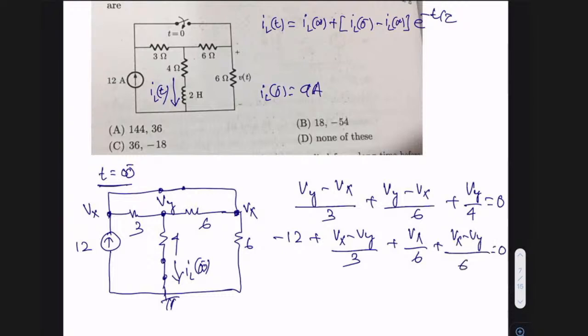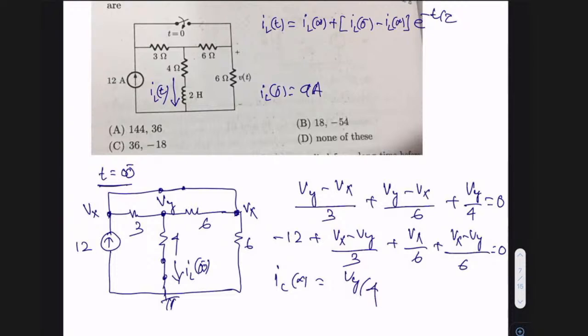How is that happening? Because this is the same node Vx. If I observe the path I have shown, four branches are linked: minus 12, then (Vx minus Vy) by 3, then for this path Vx by 6, and for this path (Vx minus Vy) divided by 6. You can simplify these two equations to get Vx and Vy. Once you get Vy, your iL(infinity) is basically Vy divided by 4.